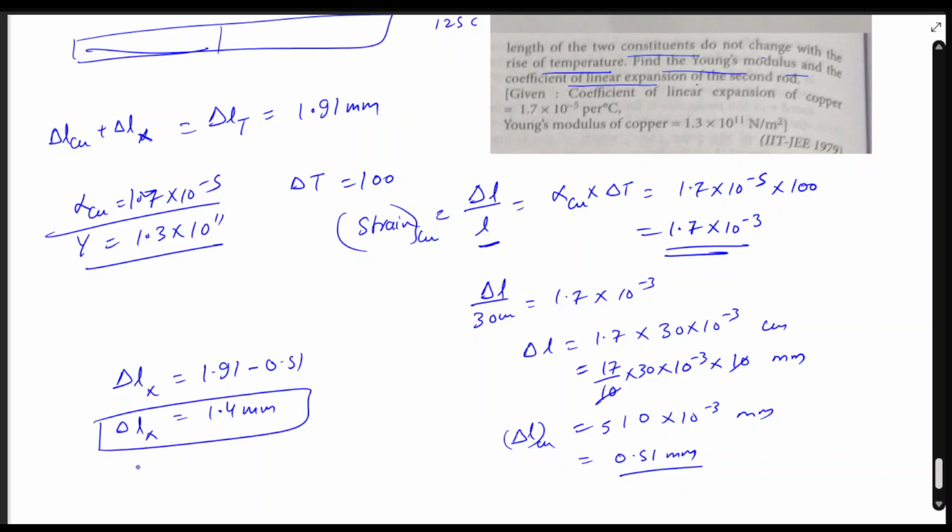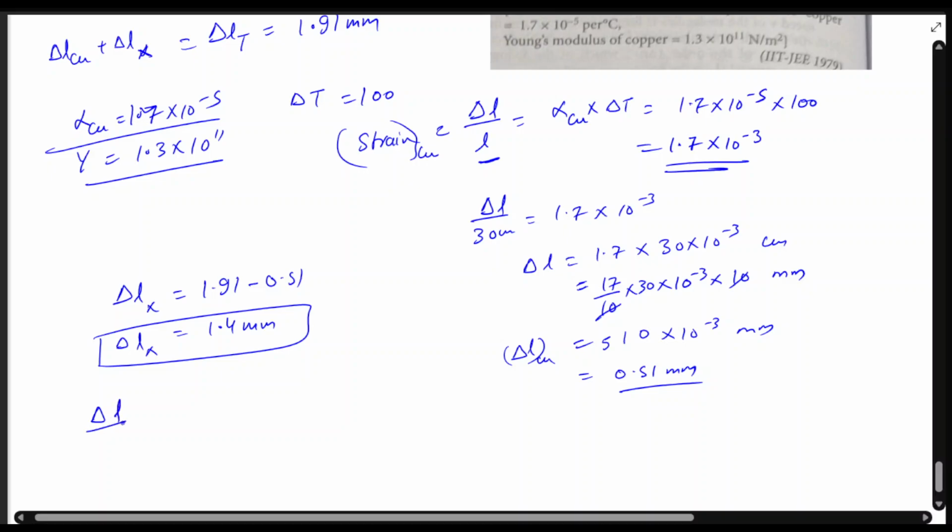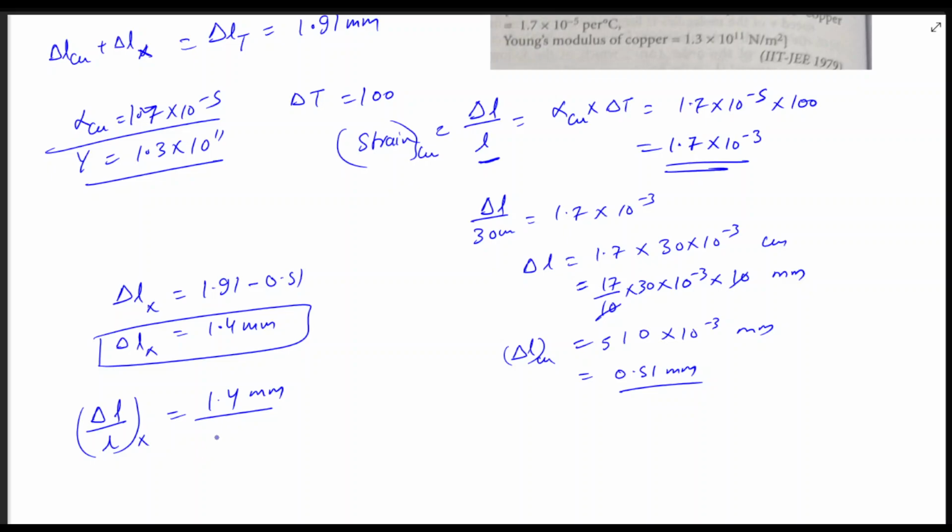right? So if delta L of X is this, we can find delta L by L of X, which will be 1.4 millimeter, it is in centimeter now, so into 10 raised to power minus 1 centimeter divided by 70 centimeter.